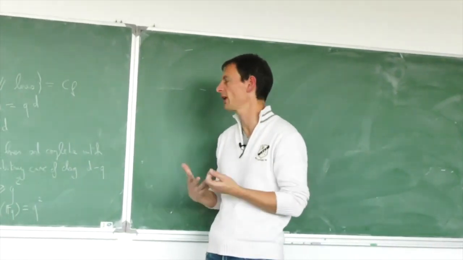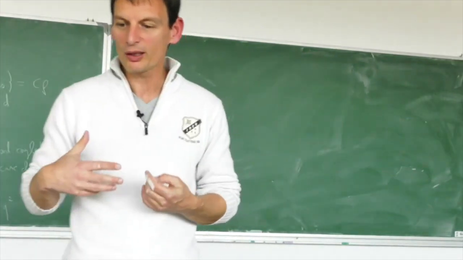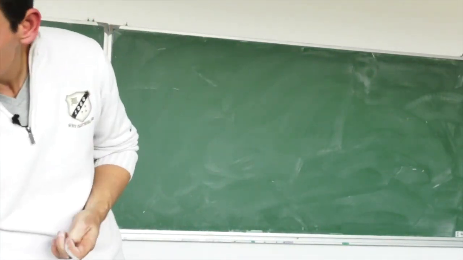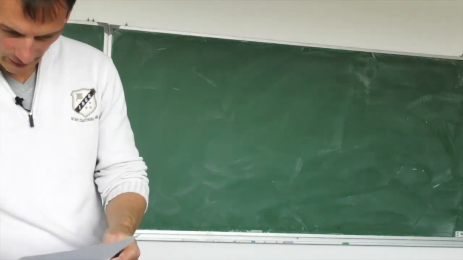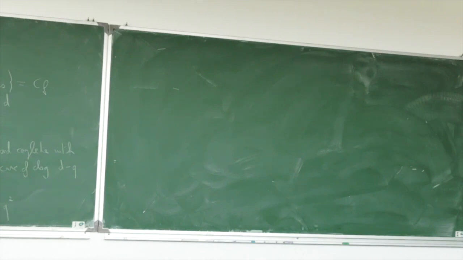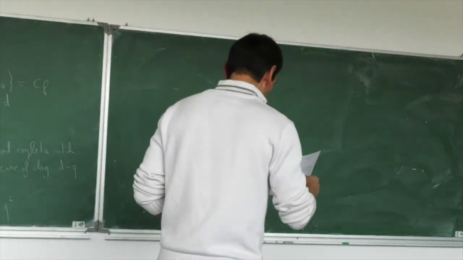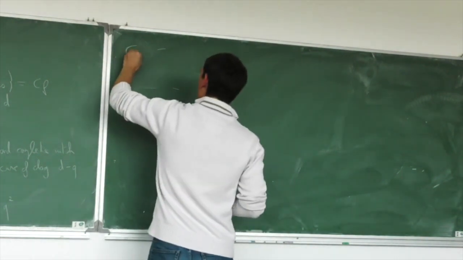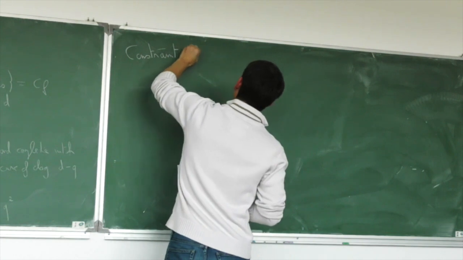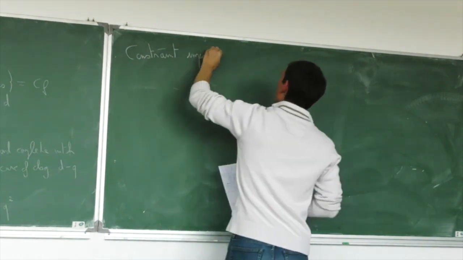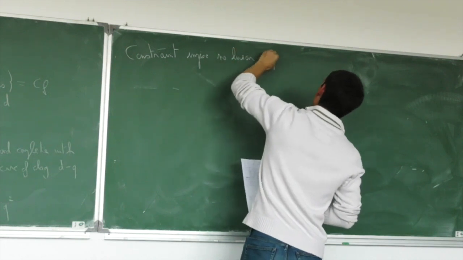This facility. We are going to say that now we are going to consider the same problem, but where we are going to take curves with no linear component. So let me see, that's page 4. Okay, so constraint: impose no linear component.